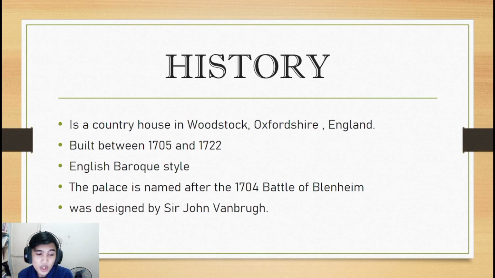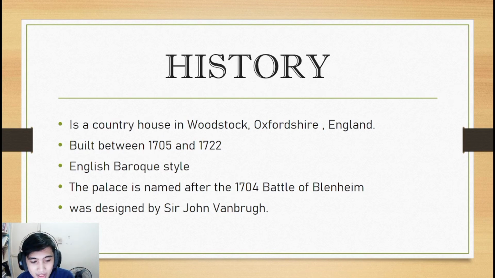The architectural appreciation of this palace is divided today. It is unique, as I said earlier, because of being a national monument and family home. And this name came from their event, which is one of their major wars in Spain, that made them call it the Battle of Blenheim.